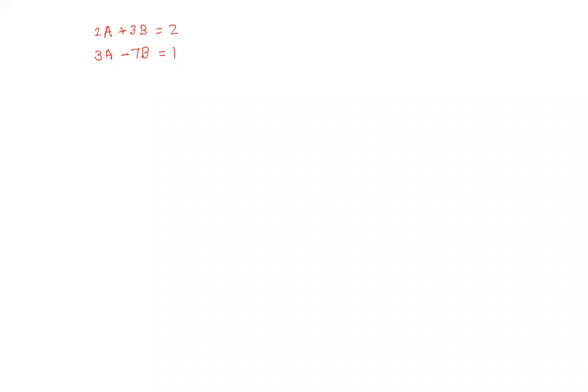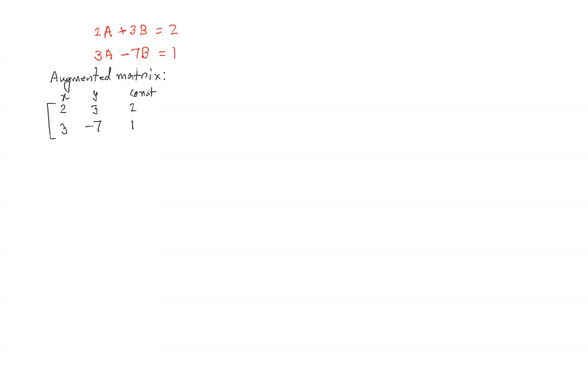So write the augmented matrix. Okay, it's going to be 2, 3, and 2, right? So that's your X column, Y column, and the constant. Then 3, negative 7, and 1.